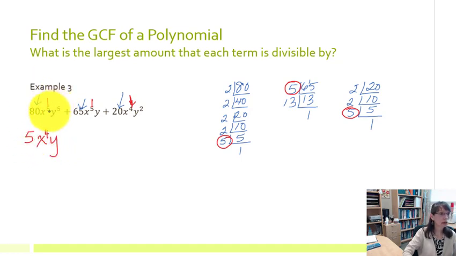We do not go with the largest number because x to the 5th is not found in that last term. Now we're going to look at our bases of y. Exponent 5, exponent 1, exponent of 2. So whichever of those exponents is the smallest one, that's how much of that base is found in all the terms. So that would be y to the power of 1.